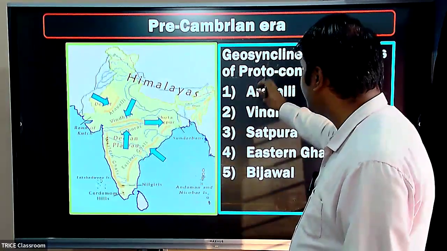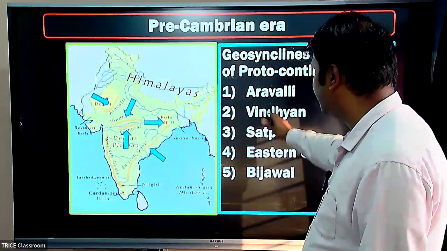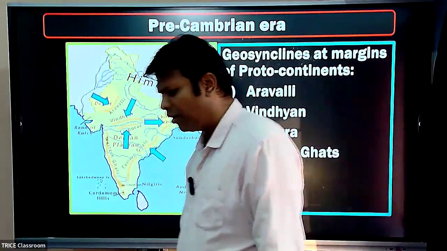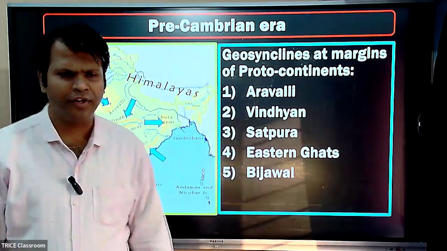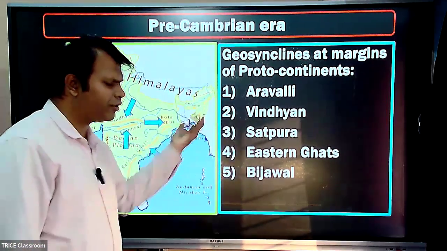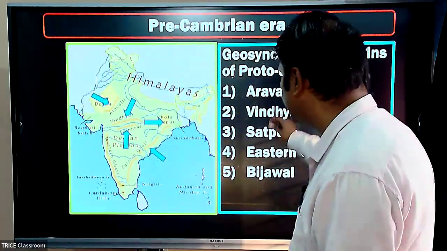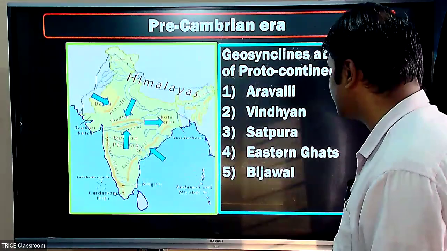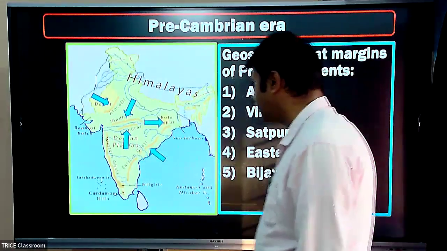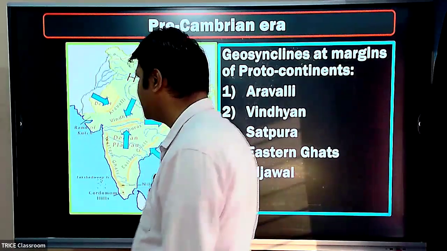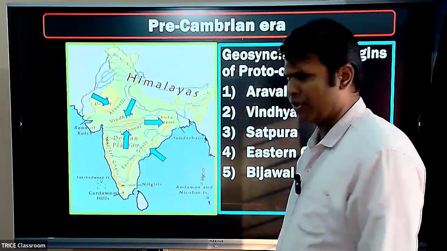So you will see such upliftment, such marine deposits, or sediments which show the marine origin in the rocks available in these mountains: the Aravali mountains, the Vindhya mountains, the Satpura mountains, the Eastern Ghats, and the Bijawal mountains, right?